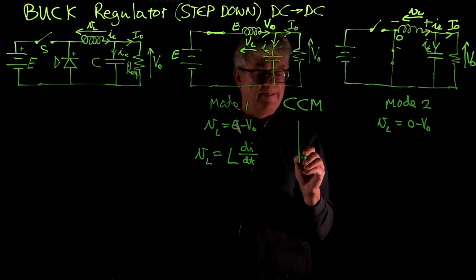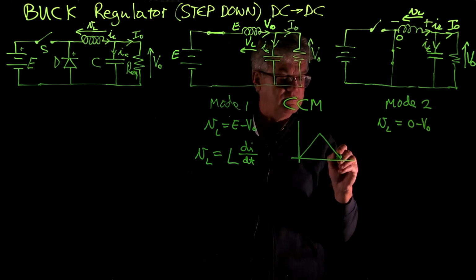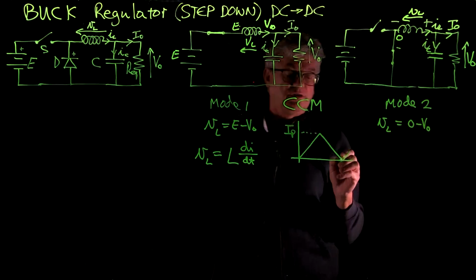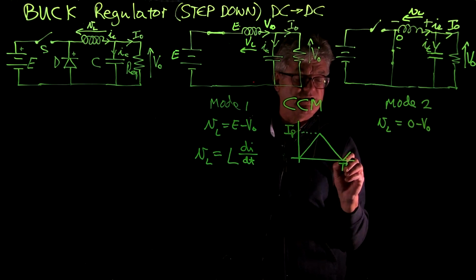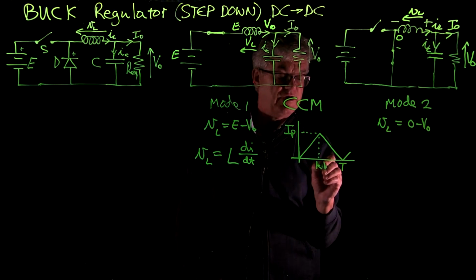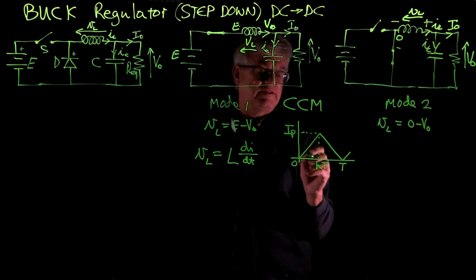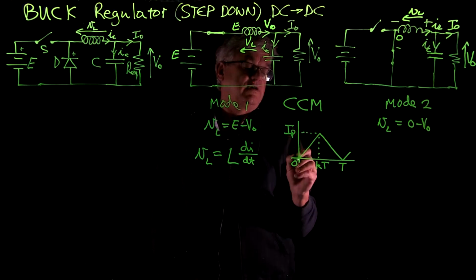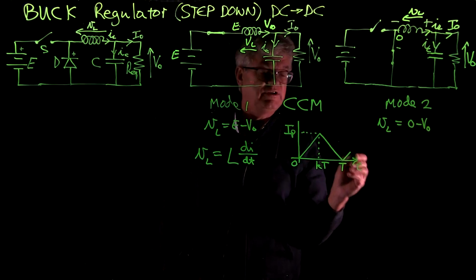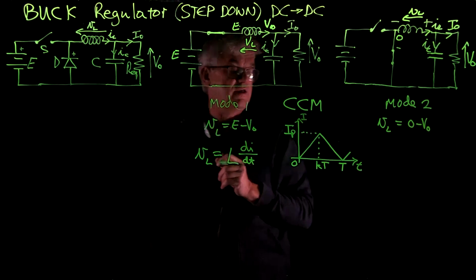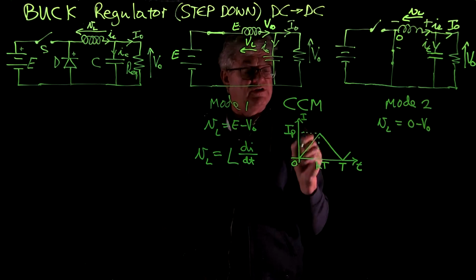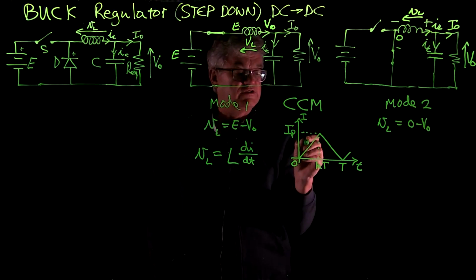So if we go and look at a graph, and we look at continuous conduction mode, where this is T, that is the period of the switching, and this is equal to KT, we can get the slope of the current through the inductor during this time here, because this is T and that is I. And the voltage that corresponds to this slope here will be positive, since this slope here is positive.